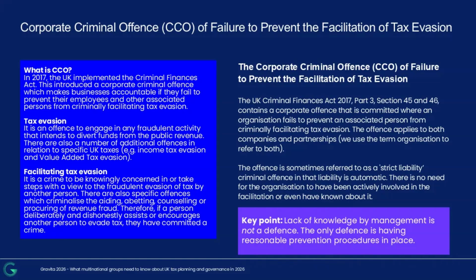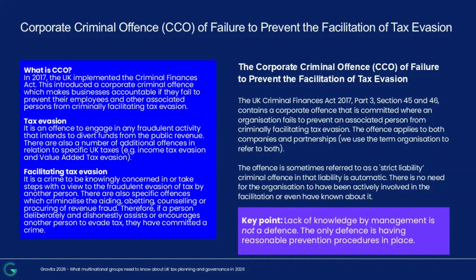Now, I think it's probably worth noting that these rules do not cover tax avoidance or tax planning, where tax avoidance is the use of planning to effectively reduce your tax in a legal manner. Tax evasion is where someone is clearly illegally not paying the tax that they should be paying.